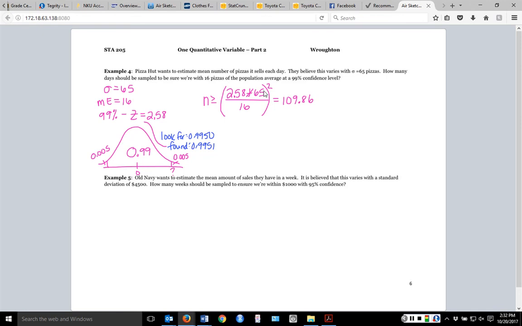Remember, just before, if I have to sample part of it, I have to sample all of it. So no matter what here, we're going to round up to 110 days. So we will need to sample at least 110 days.